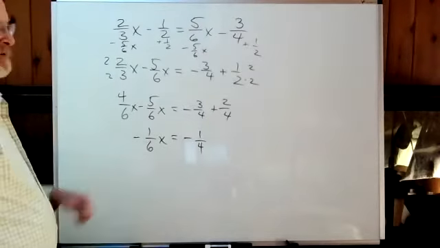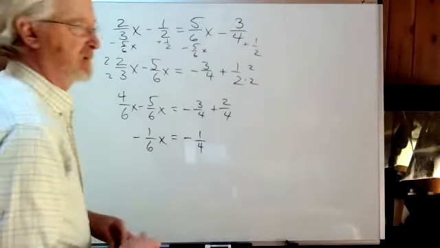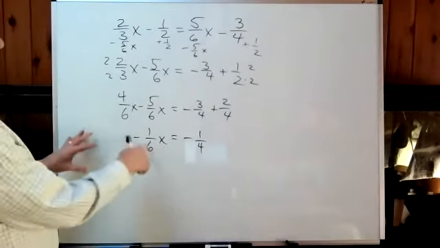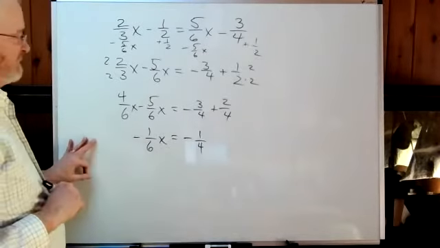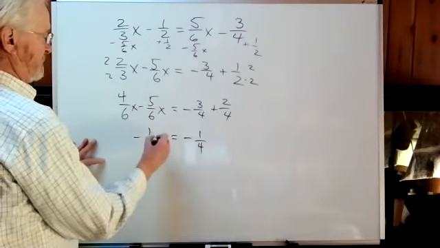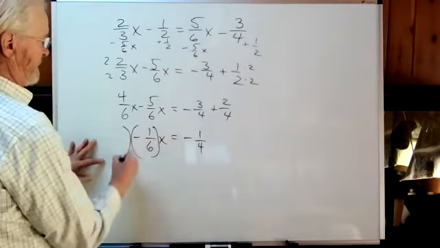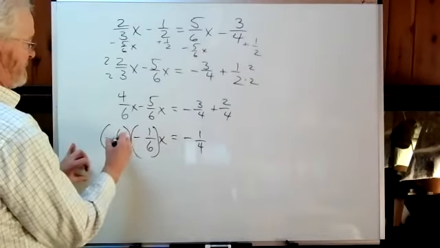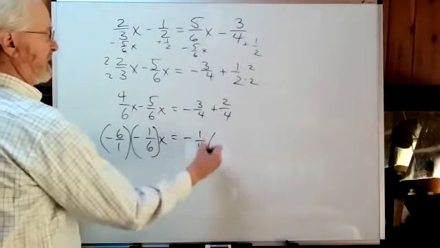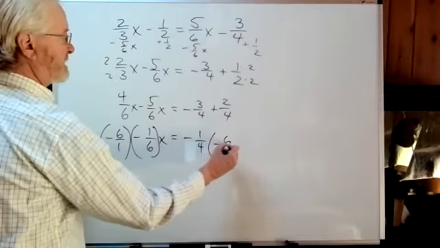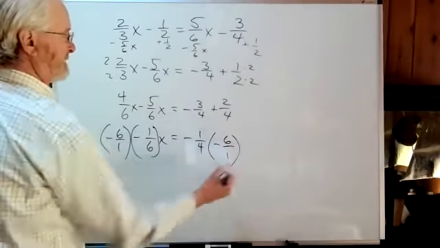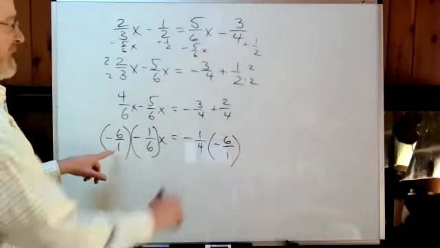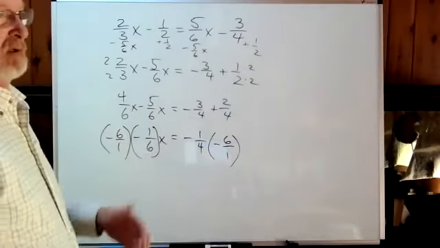Now I want to get it down to 1 positive x. Multiply by that reciprocal. So just to do that, I'm going to put some parentheses, make it look like that. And same number on the other side. Whatever I decide to multiply by, it's got to be the same thing on both sides, right?